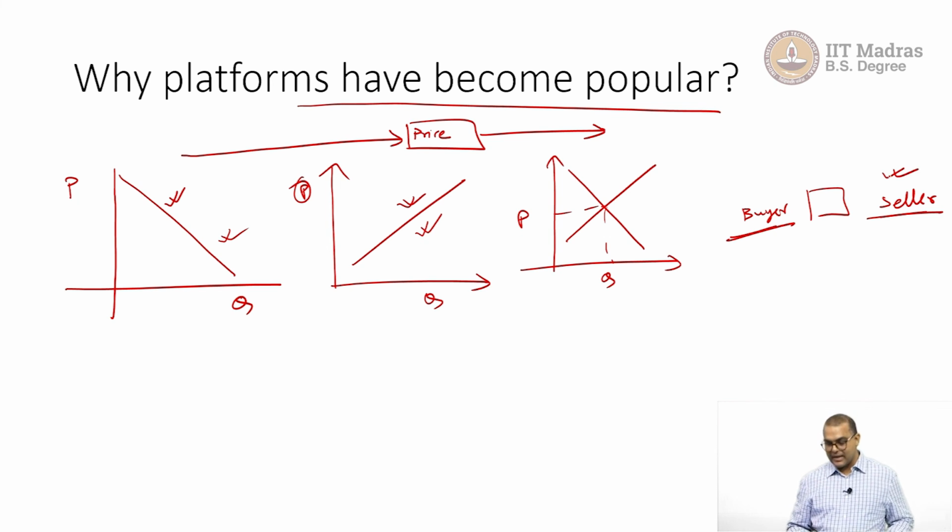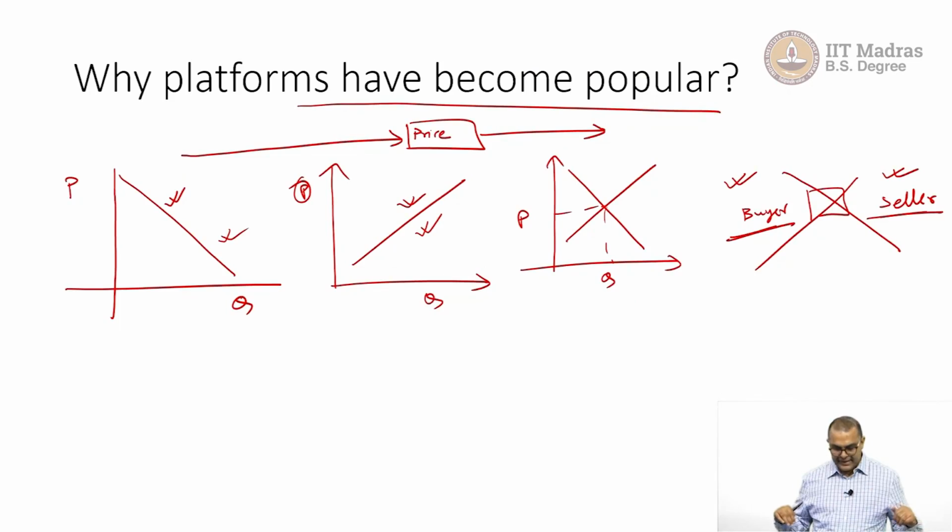Similarly, for sellers, it depends who buyers are and how many buyers are on the other side. So these two cannot be untangled. These two cannot be separated. So that's very, very important. So on a platform, we are always talking about direct as well as indirect network effect.